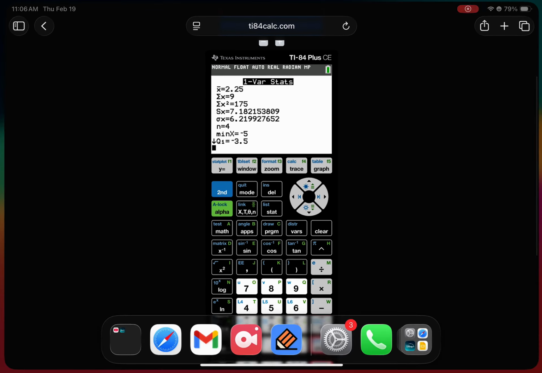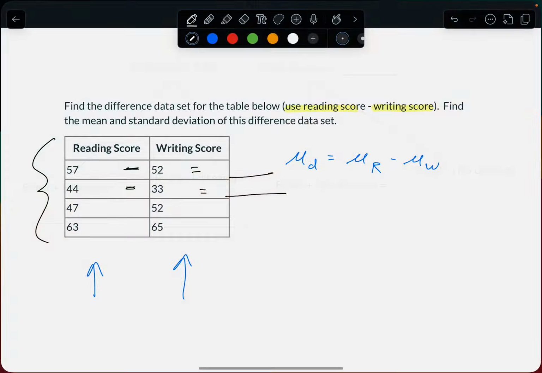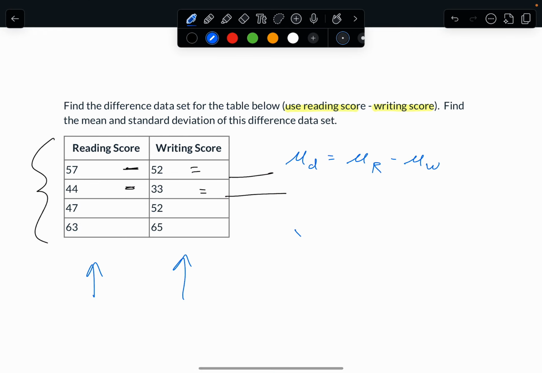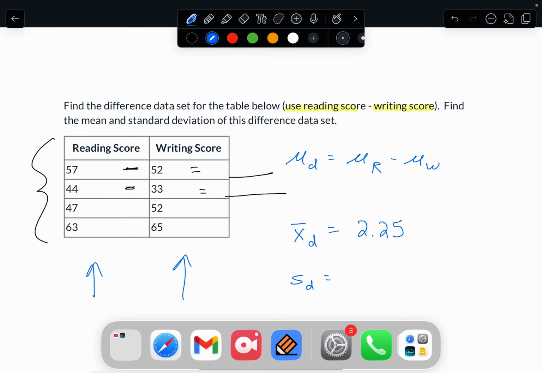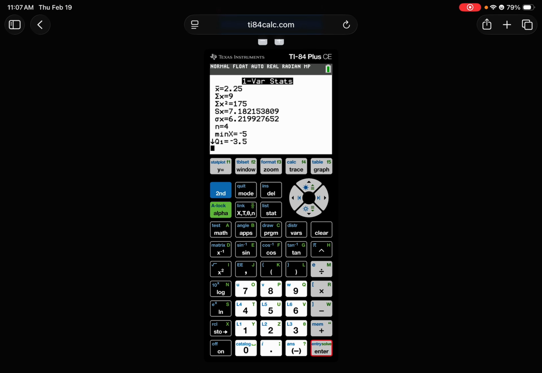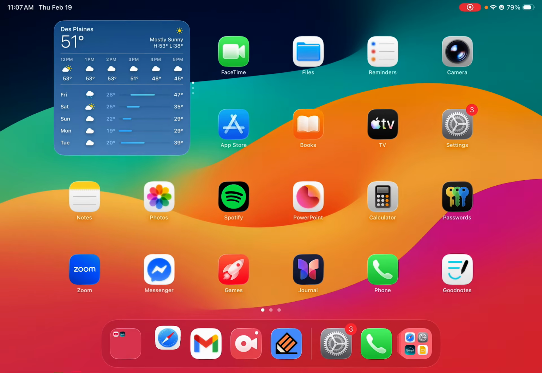So I'm just going to go back and make a quick note here. x bar, the mean of the differences, and I always like to write that little subscript of d to remember we're working with differences. So we said that was 2.25. And then the standard deviation of the differences, we're looking at s, was 7.18.